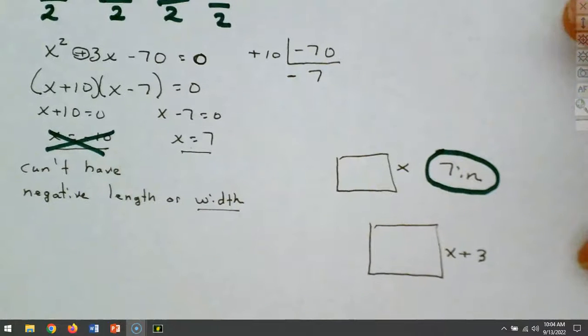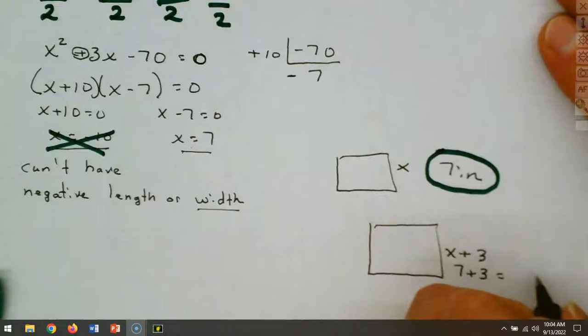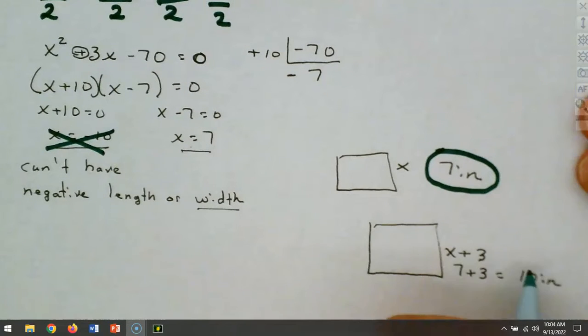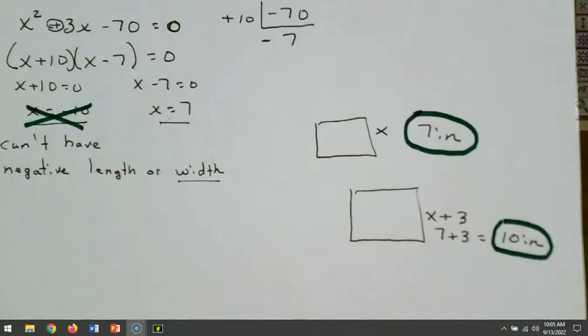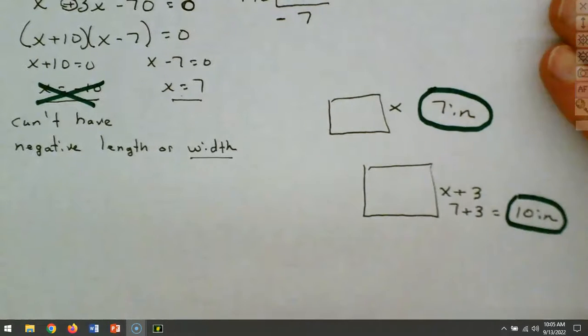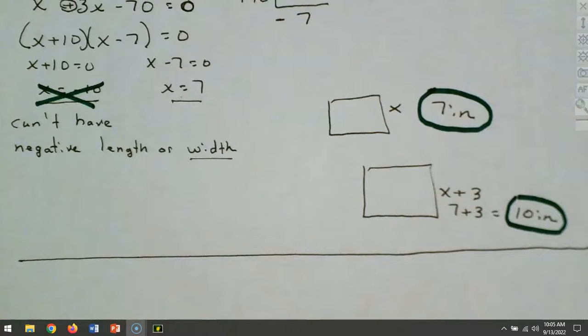And what's the other one going to be? 7 plus 3 gives you then 10 inches. So our squares are 7 by 7 and 10 by 10. Those are the two squares. We can't have the negative because you can't have a negative length or width. But it's very, very similar to what we did with the consecutive integer questions.